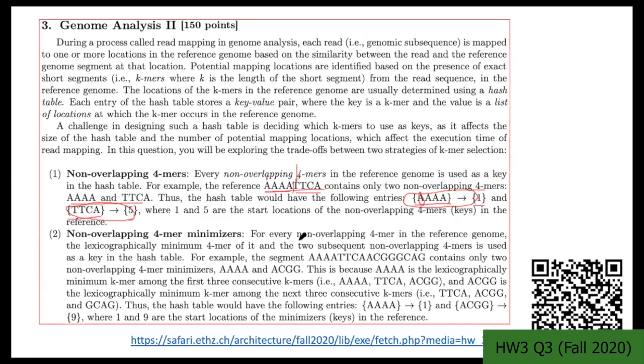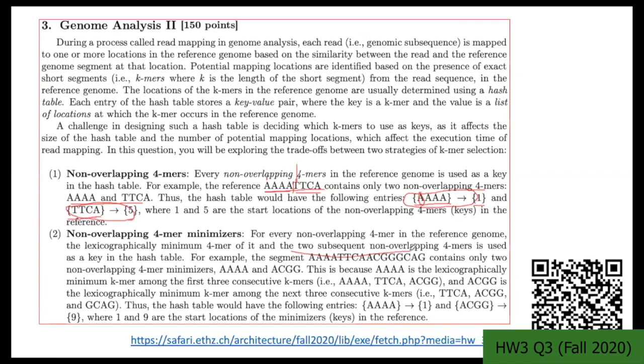For every non-overlapping 4-mer in the reference genome, the lexicographically minimum 4-mer of it and the 2 subsequent non-overlapping 4-mers is used as a key in the hash table. So every time we extract 1 k-mer and another 2 subsequent non-overlapping 4-mers.